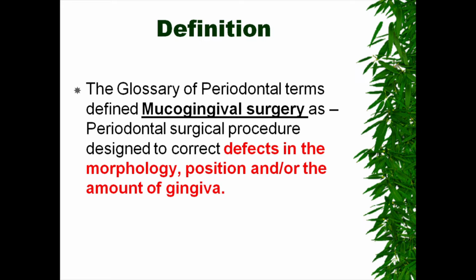So all the surgical procedures that deal with the correction of defects in these three important parameters, morphology, position and amount of gingiva, were known as mucogingival surgery. It was a term introduced by Friedman.